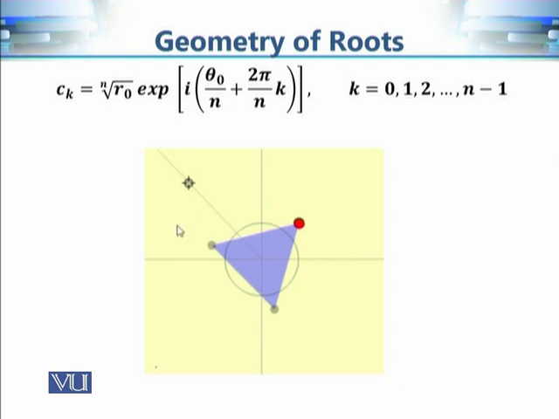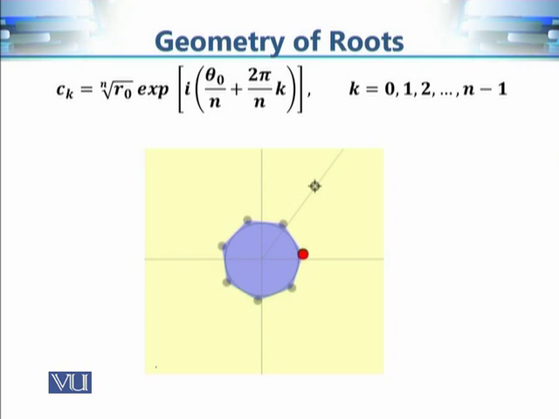And similarly, if I consider cube roots of any complex number, then they lie at the 3 vertices of a regular triangle. And similarly, when n is equal to 4, they are the vertices of a square. And if I keep on increasing these values of n, then I'll be getting vertices of a regular pentagon, vertices of a hexagon, and so on.